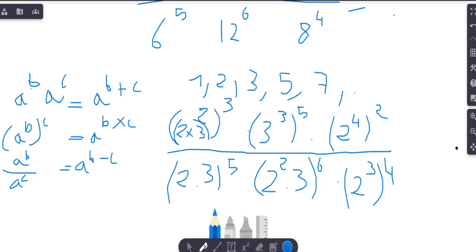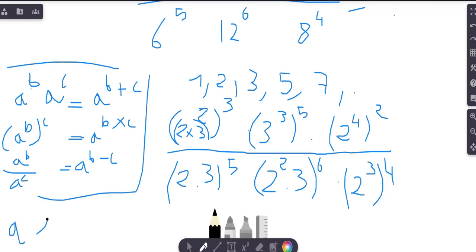Now we are going to use the exponent law that I've written here on the left. So first, here we have 2 times 3 square. When we have a times b to the c, we can distribute the exponent.